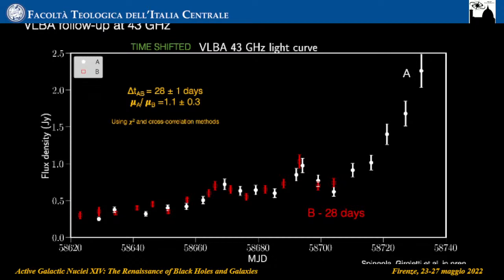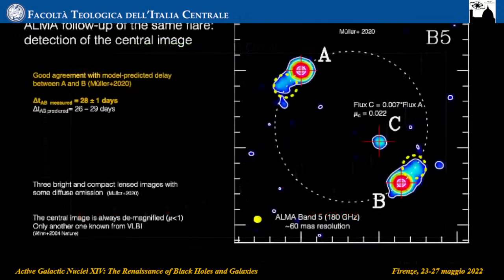So we actually have a very good precision on this time delay because of the spatially resolved light curves, but also because the light curve was very densely sampled. And recently, we could compare our time delay with a very precise lens mass model coming from Mueller 2020. They followed up this flare with ALMA, in a similar period to our VLBI follow-up, and they detected the central image.